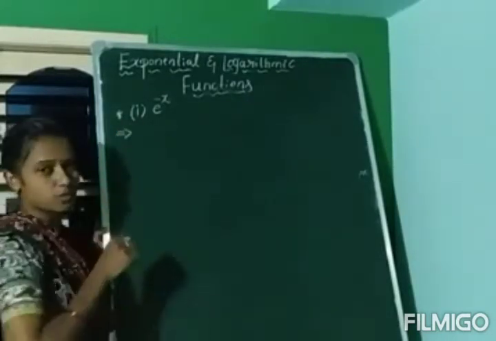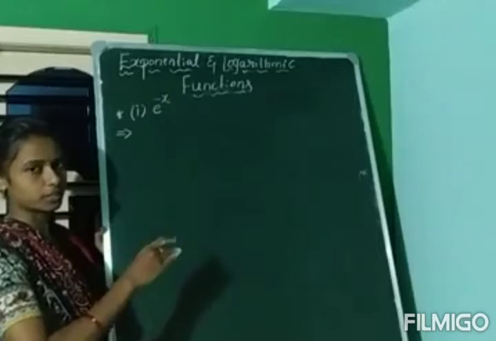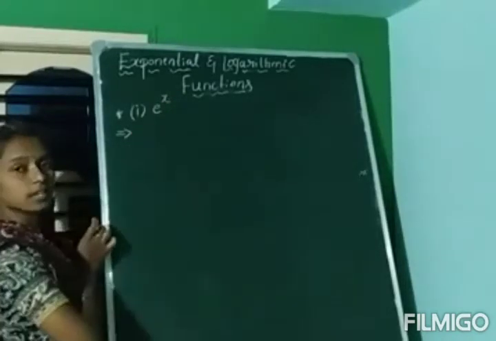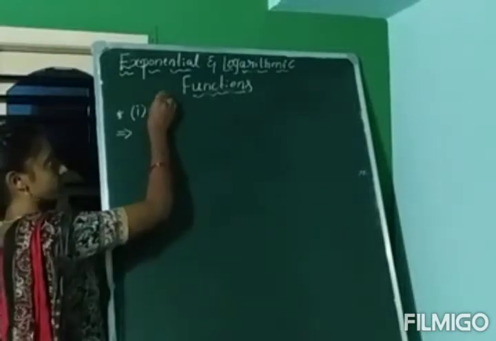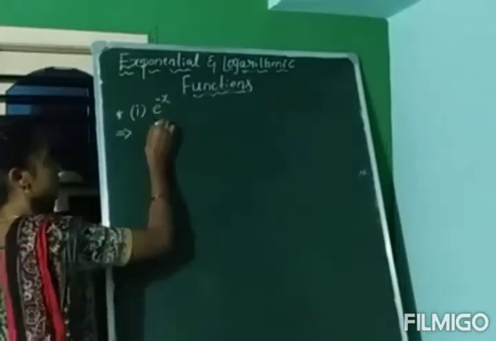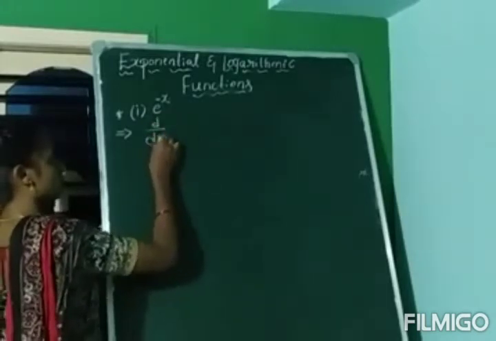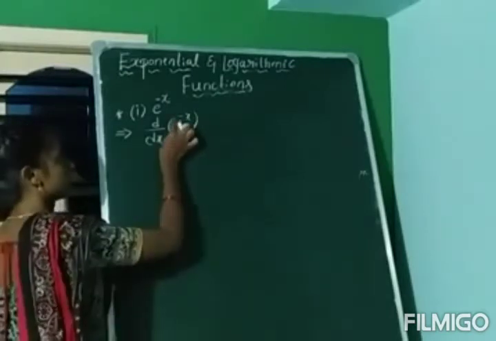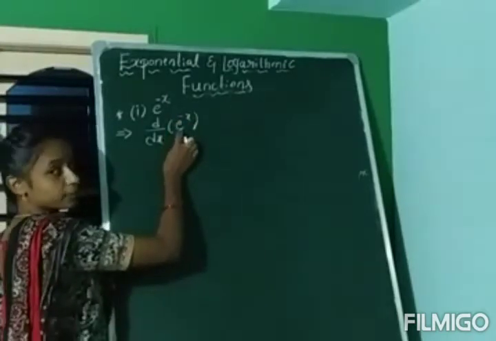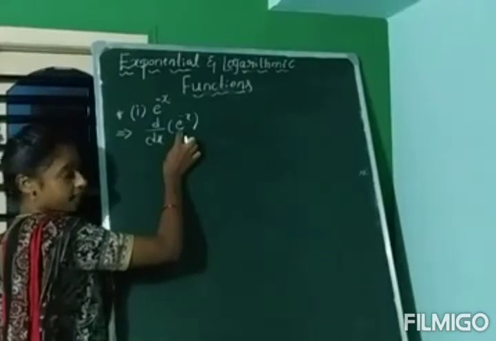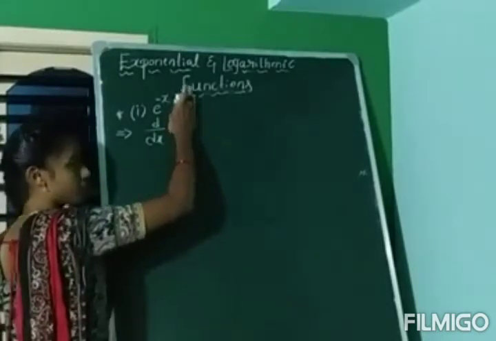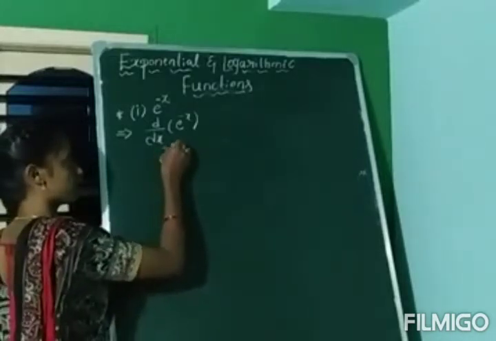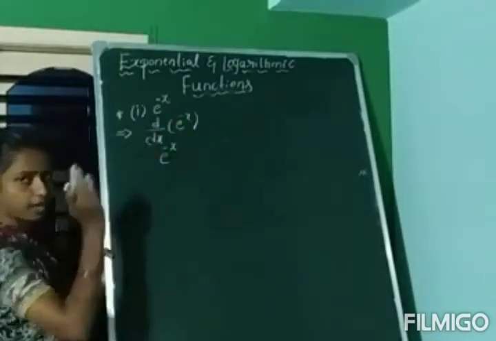As we know, the derivative of the exponential function is the exponential itself when it is only x. So d by dx of e power minus x: if the function is an exponential, while differentiating we first write the given function as it is, e power minus x.